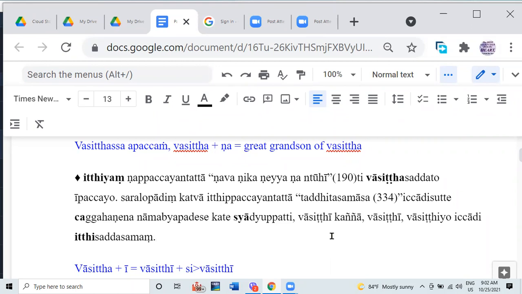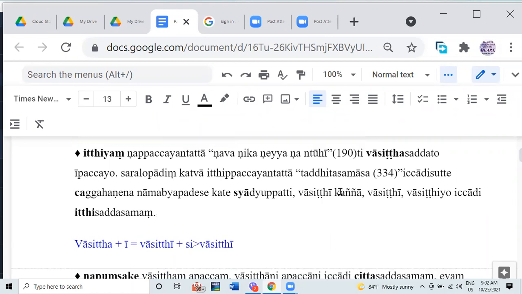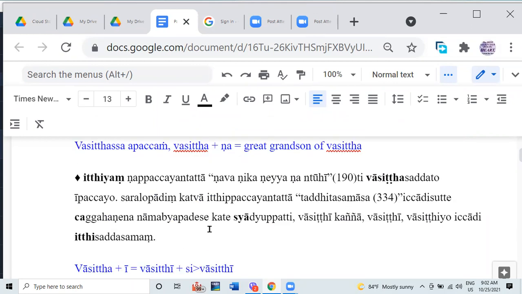I think I need to give you an example. Here, after this Vasita, we add only the i suffix, Navanika Neya Nandu, you see?